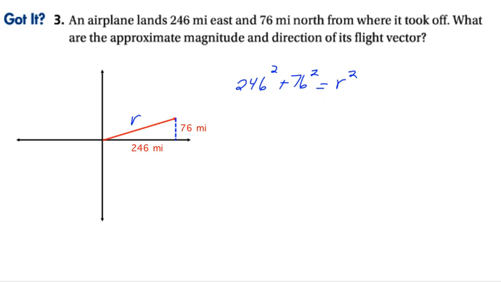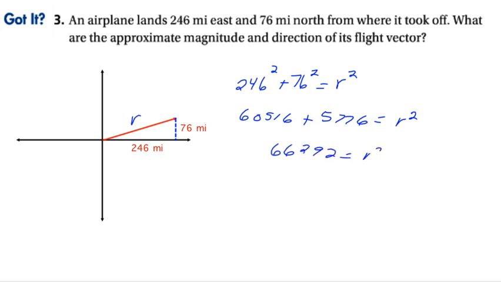246 squared gives us a big number, 60516. And then 76 squared gives us another big number, 5776. And that's equal to r squared. So now if we add those two together, I get, let's see, 66,292.